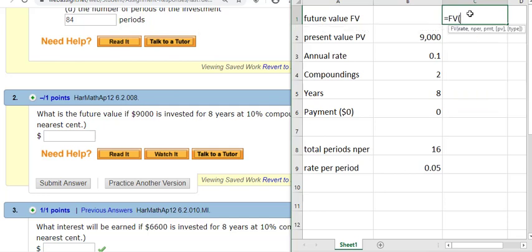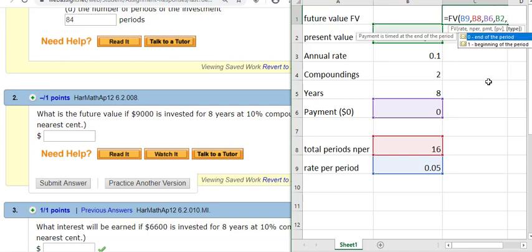Future value, pull up the FV formula. I need the rate, which is the rate per period. Number of periods, 16. Comma, payment 0, present value $9,000.